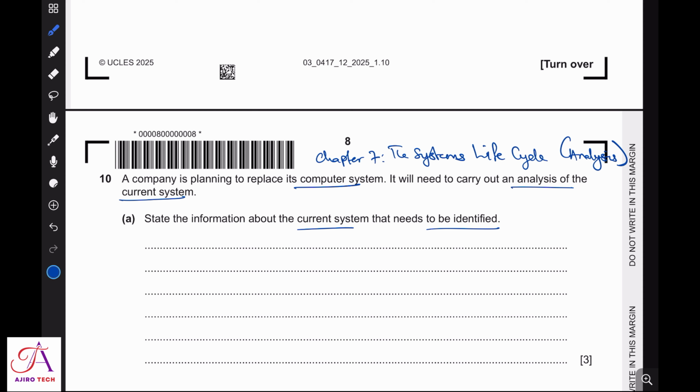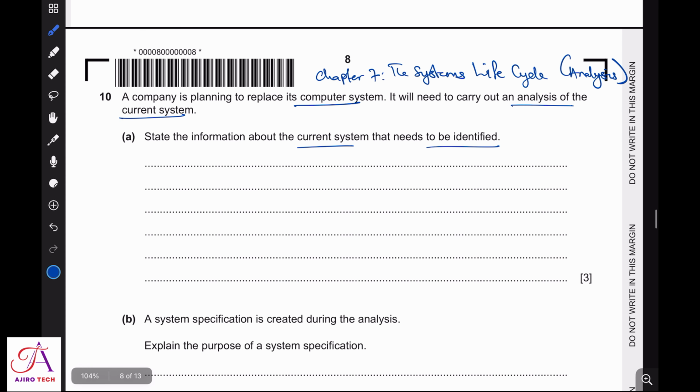We're talking about the stages of analysis.